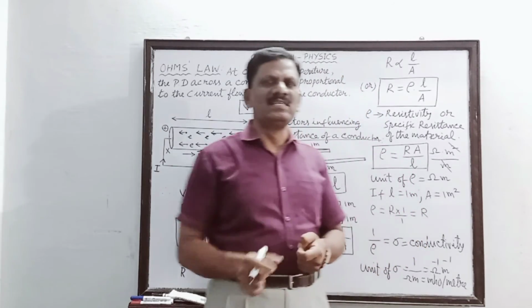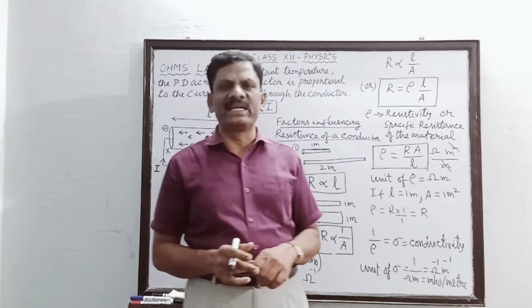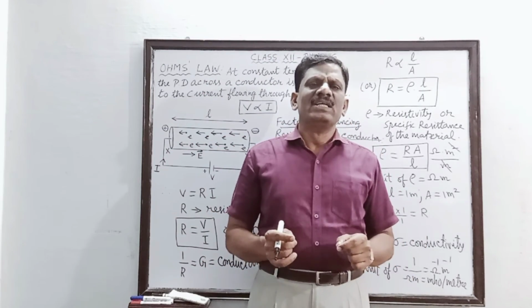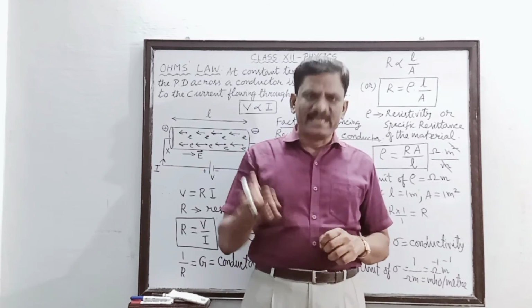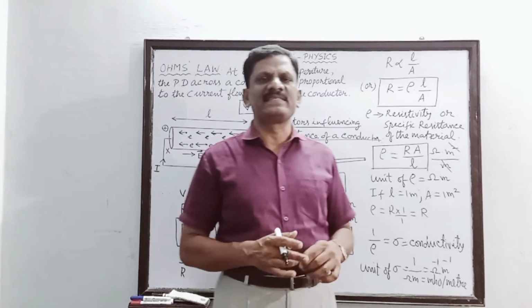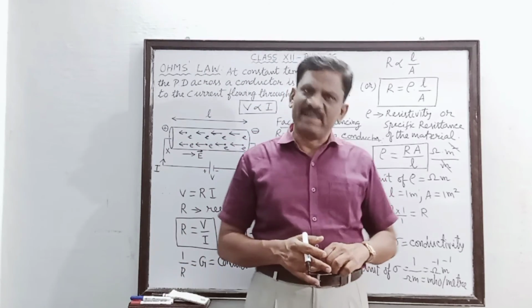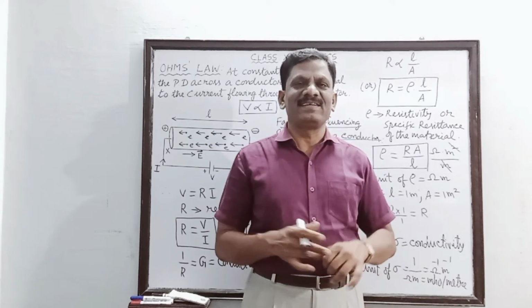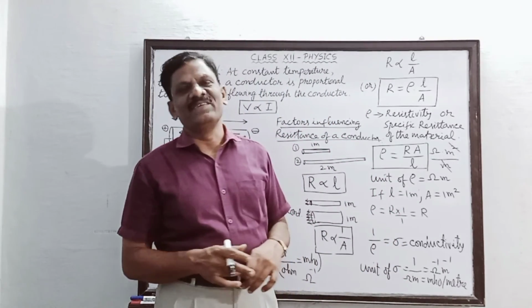So, the resistivity or specific resistance of the material of a conductor is defined as the resistance offered to the flow of current by a conductor of length 1 meter and area of cross section 1 meter square. Finally, what is the reciprocal of the resistivity? It is called conductivity.